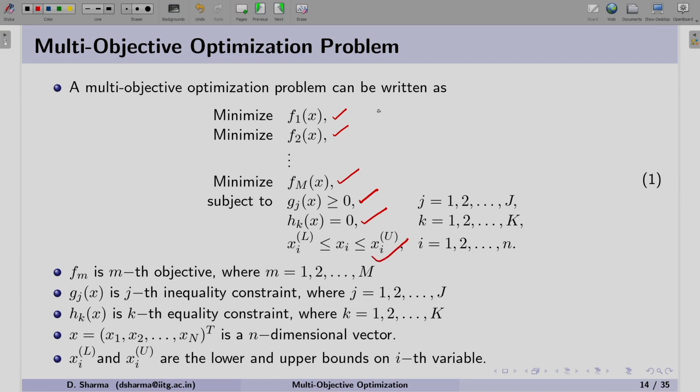So, what changes here is that we have multiple objectives which we want to minimize, and the problem can be subject to the same kind of constraints as we have understood.